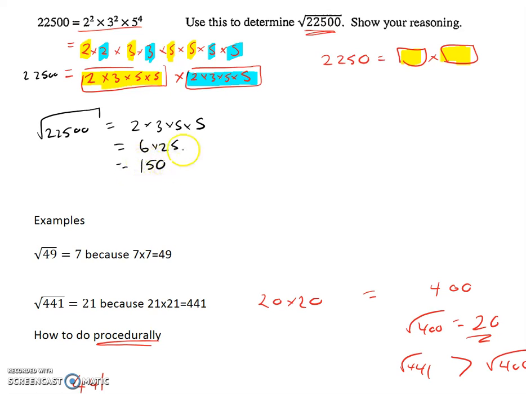Yeah, so that's my answer. Okay, so the square root of 22,500 is 150, and the reason is because 150 times 150 gives me back my number. Alright, and that's the video.